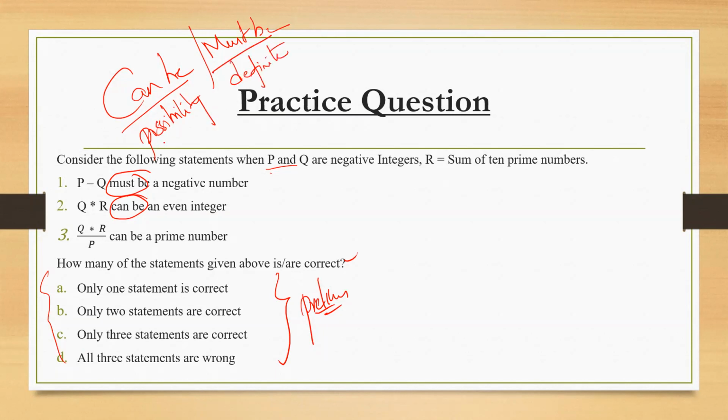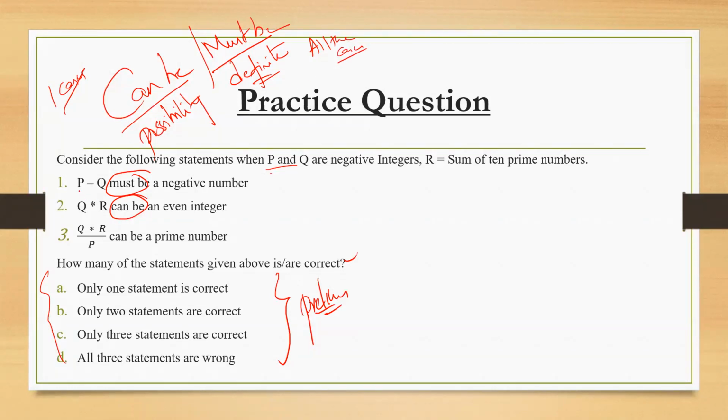Here, when we talk about possibility, if this statement has to be true, I just have to show one of the cases in which this condition is true. Here, when we talk about definite, it has to be true in all the cases that are there. Exactly.